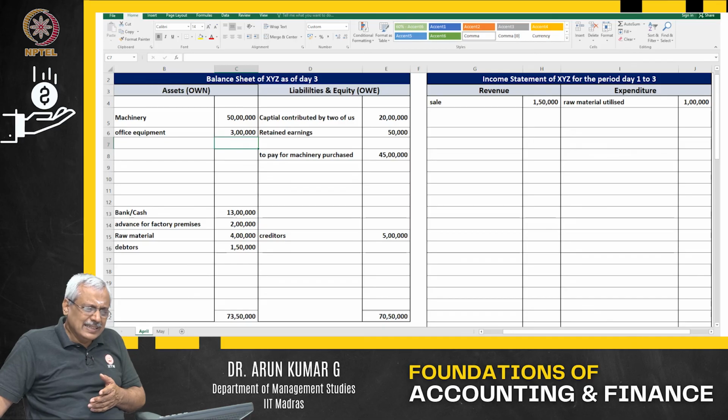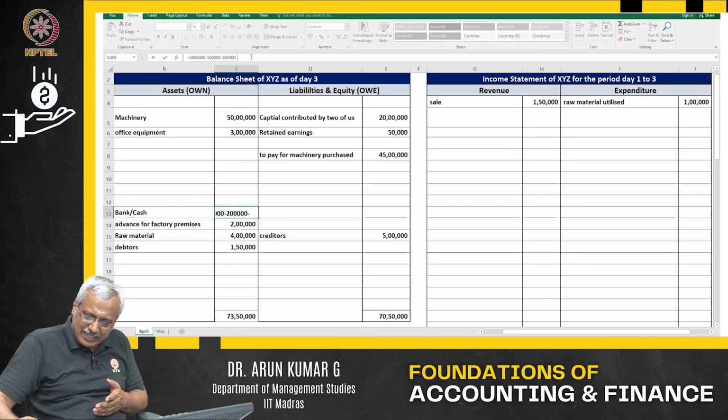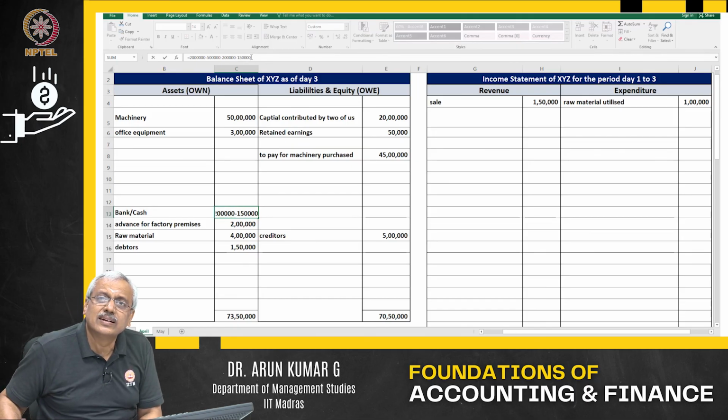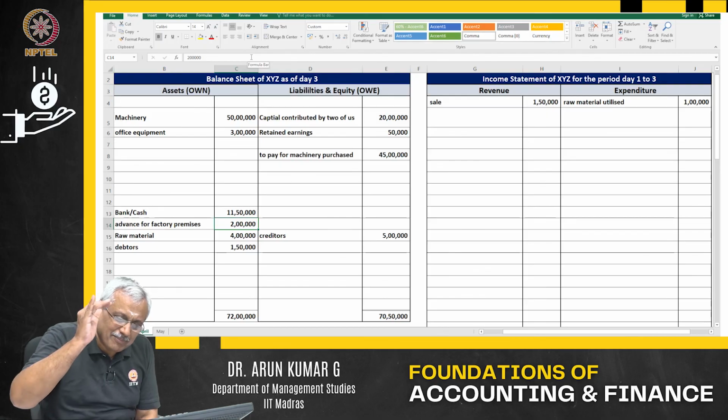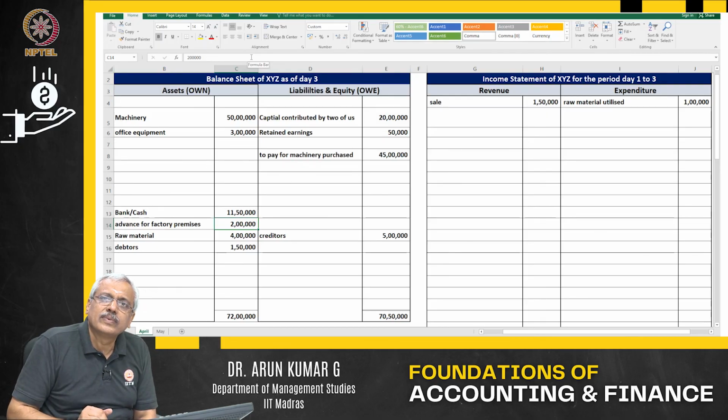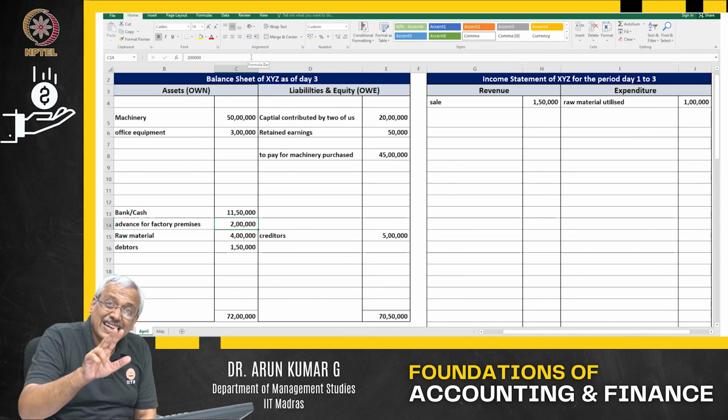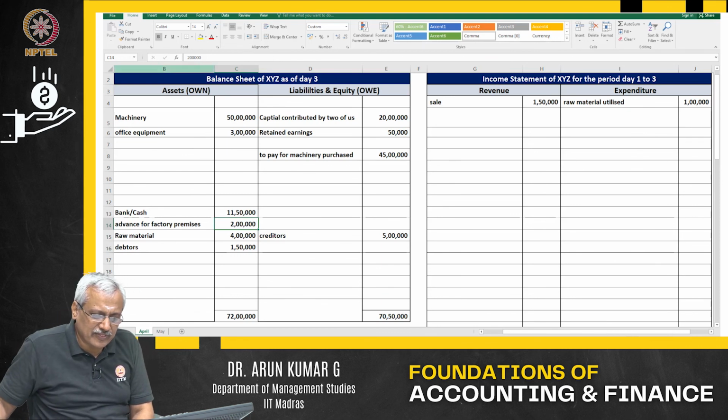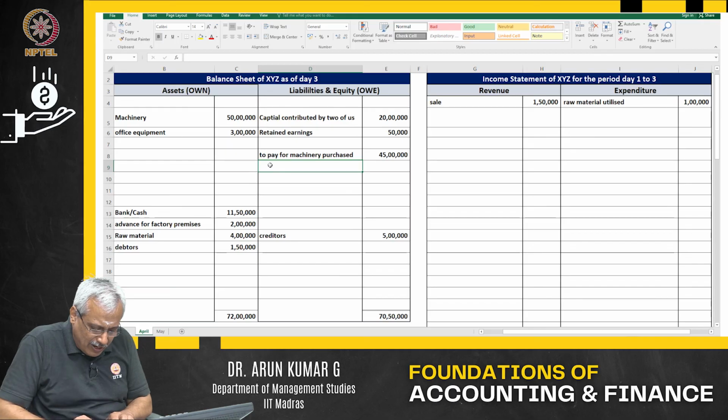Now in this case, how much have I paid? I have paid about 1.5 lakhs, or 150,000, in cash. So my cash balance reduces by 150,000. I am liable to pay another 150,000 for the office equipment.